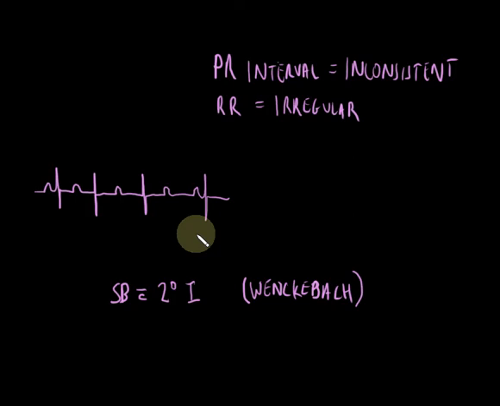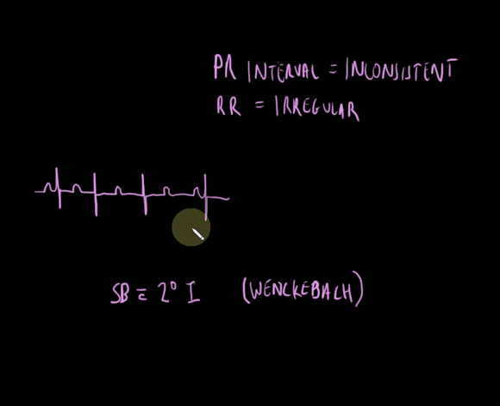And if you think about this from the heart standpoint, this is a variable block in what's happening within your heart. It allows the first beat to go through normally, but then the AV node doesn't quite reset itself completely. So it takes a little bit longer. You might get an extra small block or two in delay from the atria to the ventricles. Then you have even a little more delay.